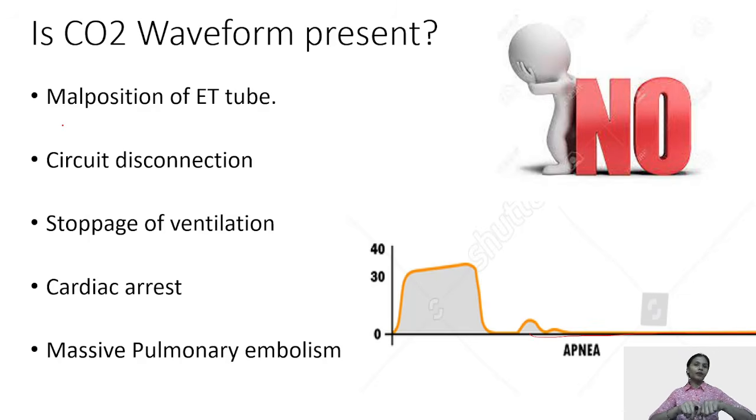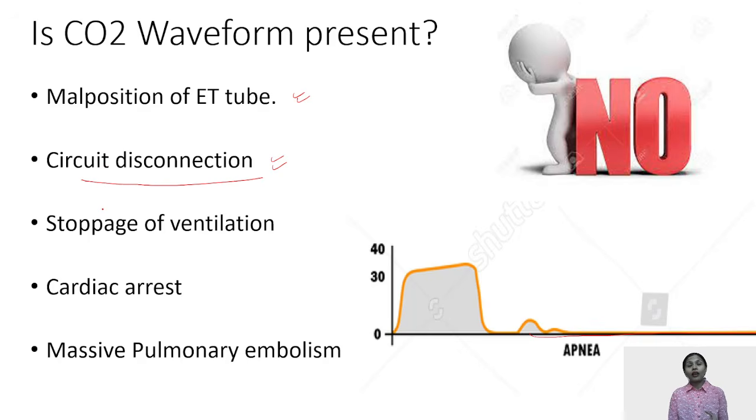The sensors are disconnected from the ET tube and it is no longer taking your EtCO2. Second, your ET tube has been malpositioned. I've already told you, we assume that CO2 comes only from the respiratory tract. So if your endotracheal tube is not in the trachea or the respiratory tract, obviously the CO2 waveform will disappear.